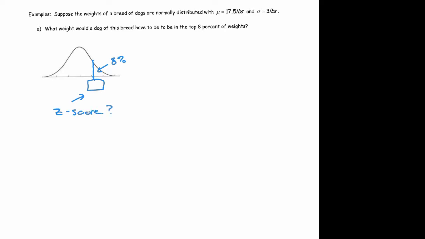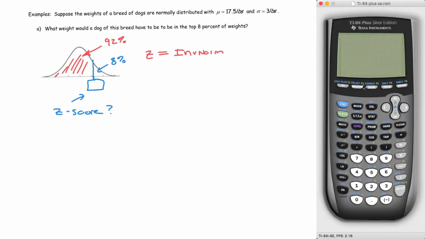Now, to get that z-score, this is where you have to be a little careful. I kind of started with the harder problem. In order to get that z-score, we need to punch into the calculator the inverse norm of that percent, which is 92%. The calculator won't understand we want the top 8% unless we punch in inverse norm 0.92.